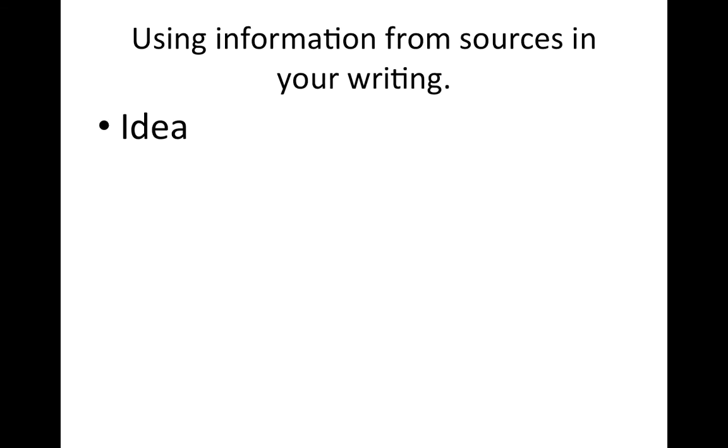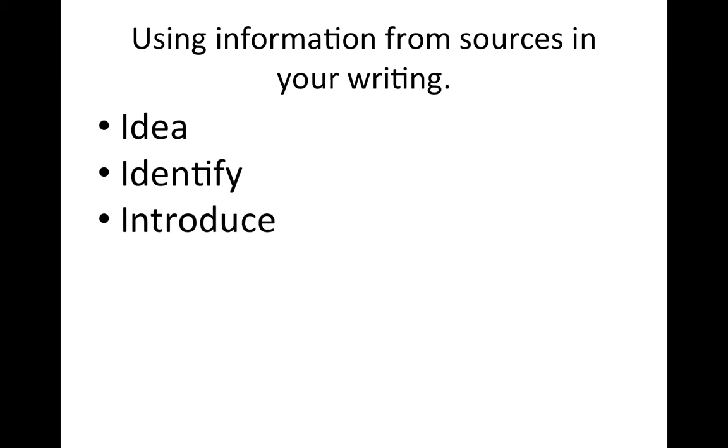So when you are going to use information from a source, you first know what the idea is that you're trying to prove in your paragraph. You identify an idea in your source that goes along with what you're trying to say in your paper. You introduce the information from your source.